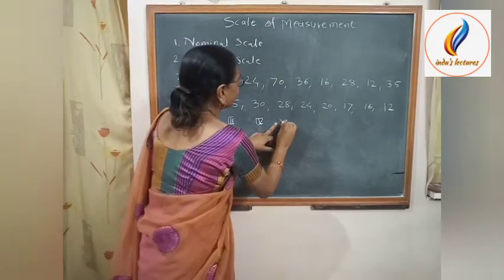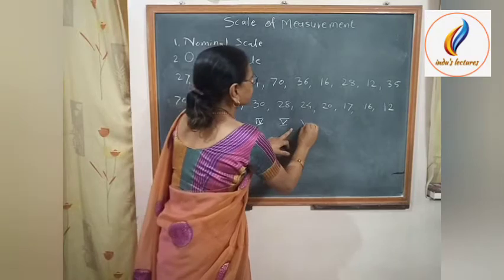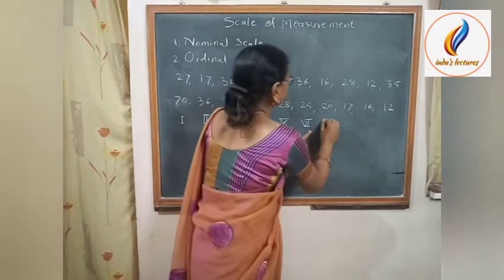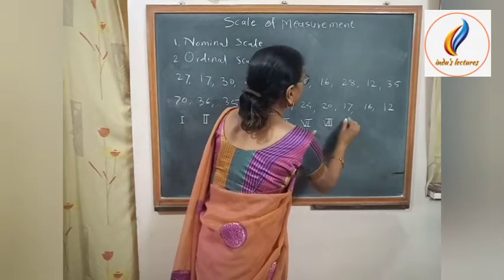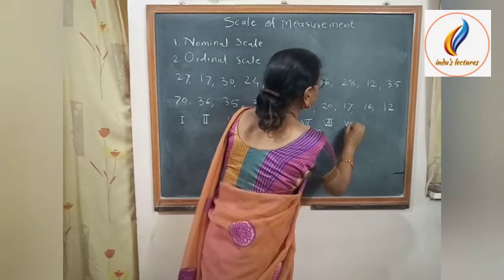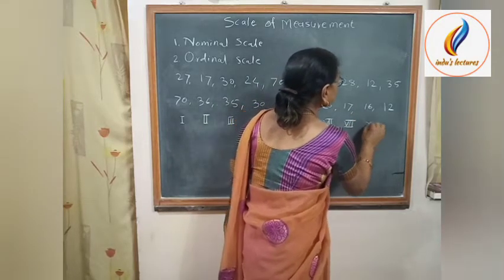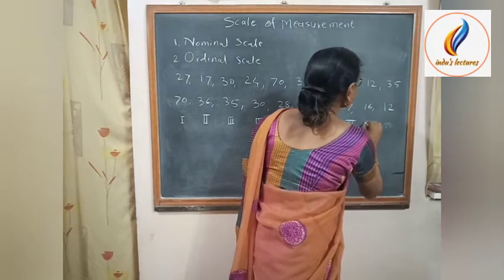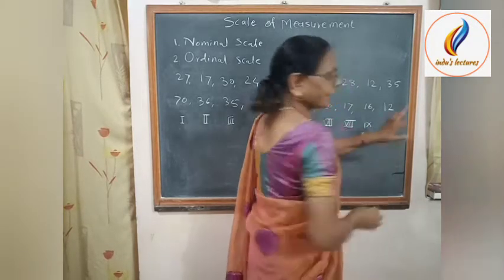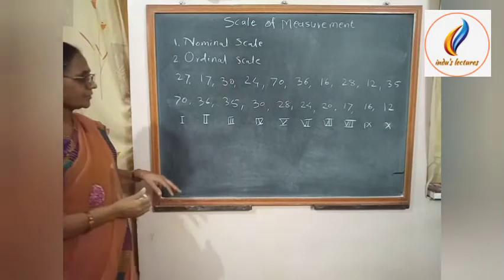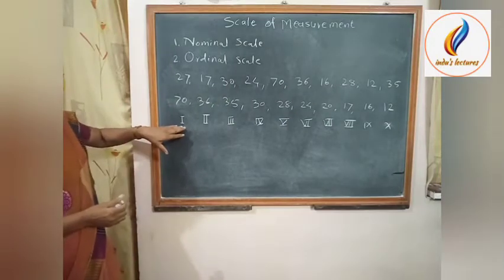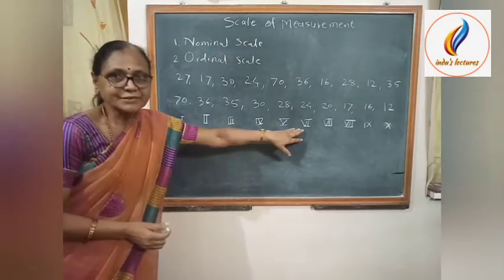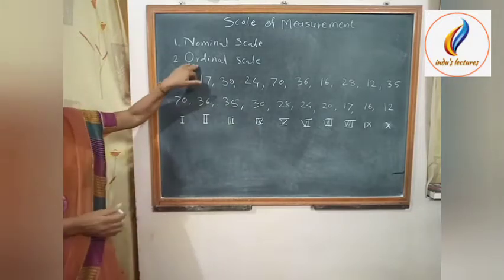Then 28 has fifth, sixth, 7, 8, 9 and 10th rank. This series of ranks is nothing but ordinal scale.